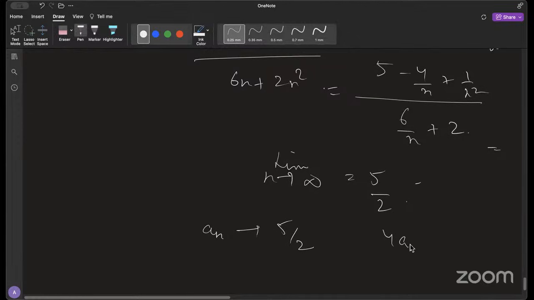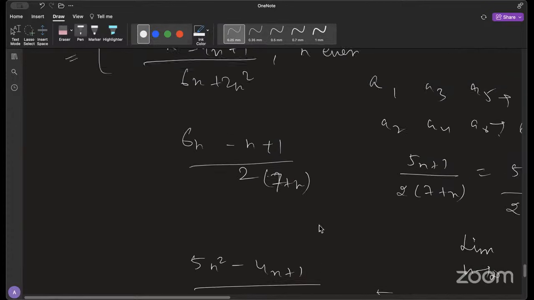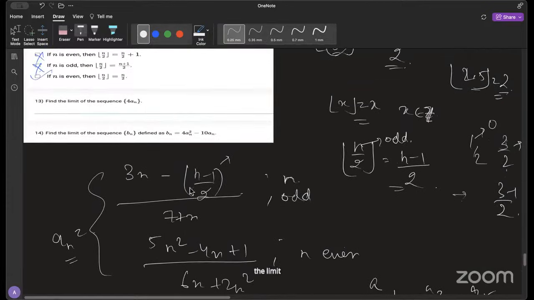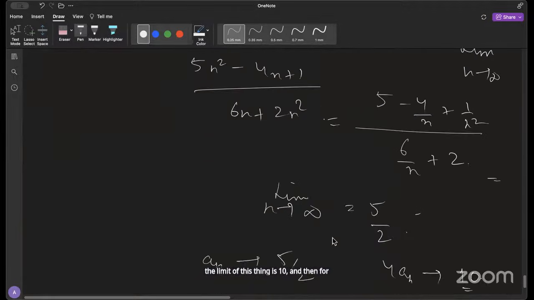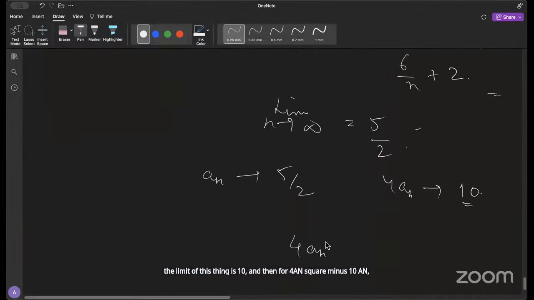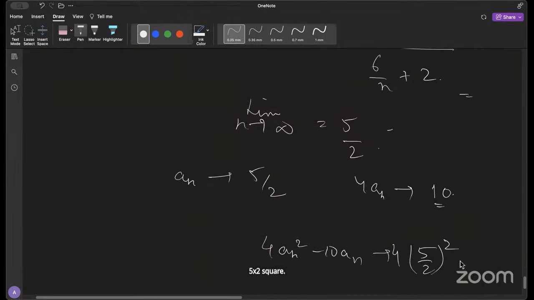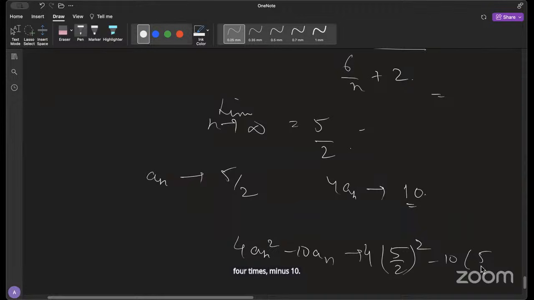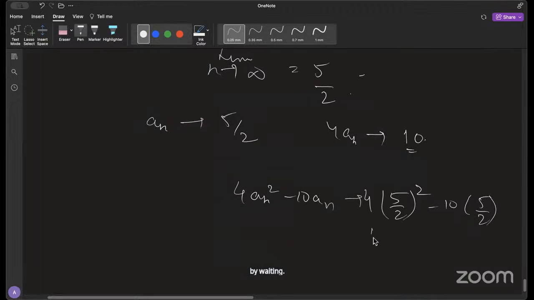So your 4an will tend to 4 times 5 by 2, so it's 10. The limit of this thing is 10. And then for 4an square minus 10an, an tends to 5 by 2, so this should tend to 4 times (5 by 2) square minus 10 times 5 by 2.